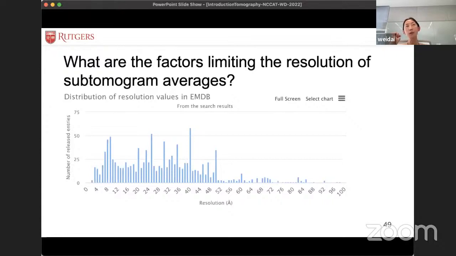So nowadays, to improve subtomogram averaging resolution, people started to take a kind of hybrid approach of single particle plus tomography. They only collect small numbers of images per tilt series over a very limited tilting range.